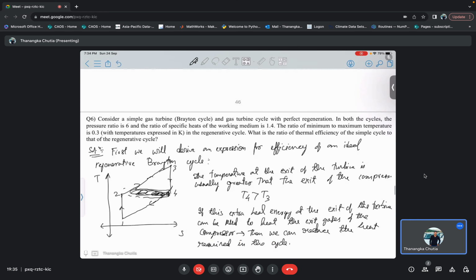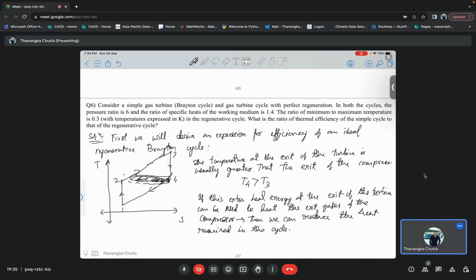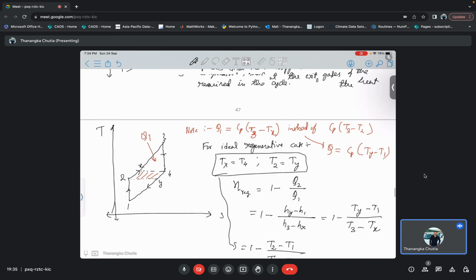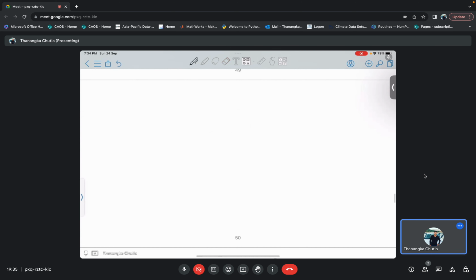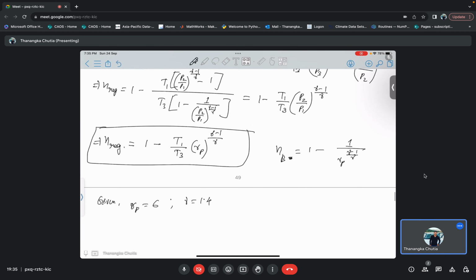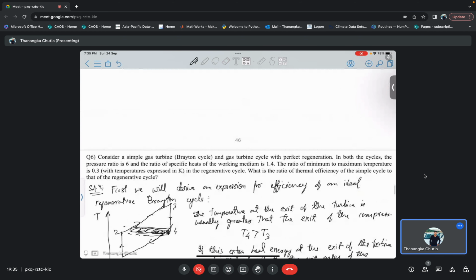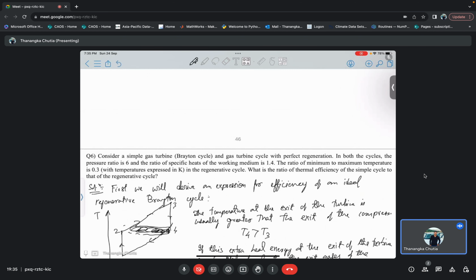Now what is given to us? Perfect regeneration. So in both the cycles the pressure ratio is 6 and the ratio of the specific heats is 1.4. So given Rp is equal to 6, gamma is equal to 1.4.